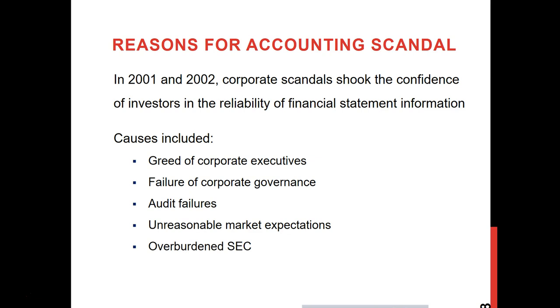Also, sometimes market expectations could be blamed. Sometimes there are unreasonable market expectations, and analyst forecasts or other outside pressures can push executives to make this type of decision. And of course, I can talk about the ability of the SEC, whether the SEC is overburdened with its workload or this small agency is not enough to handle all these public companies.